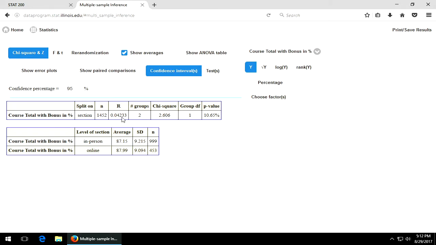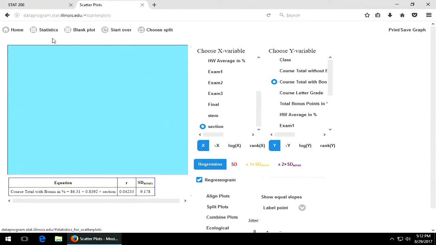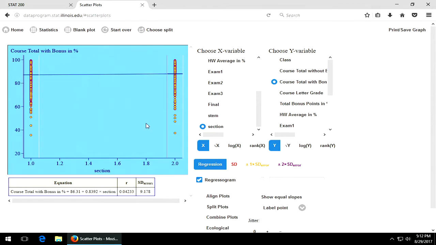Is that the correlation coefficient? Let's quickly check back. Remember that 0.04233? I think that's exactly what we got when we looked at the scatter plot, picking section and course total, and yes, there it is.